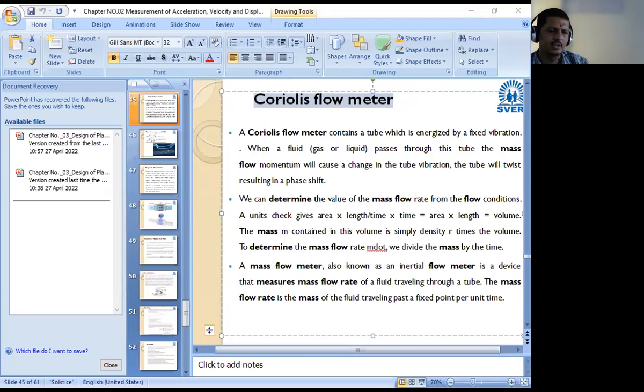You can determine the value of mass flow. We can determine the value of the mass flow rate from the flow conditions.